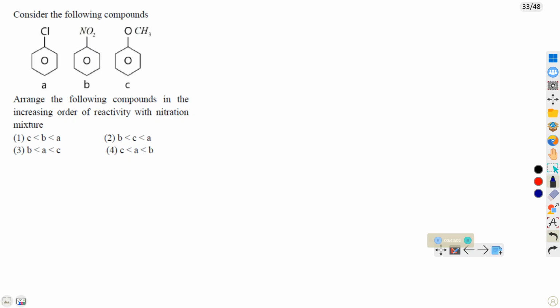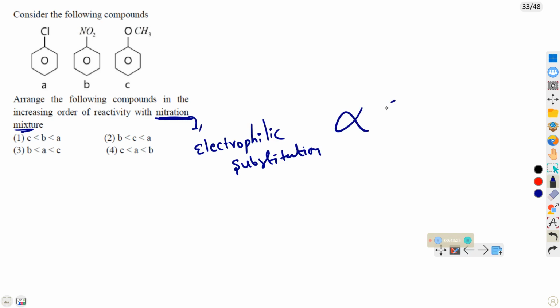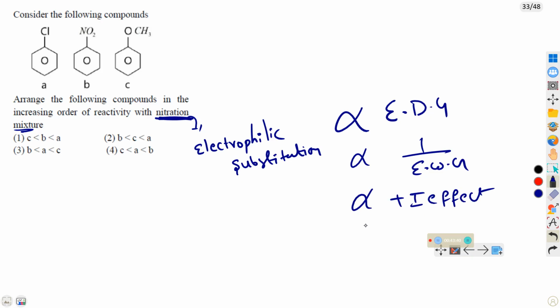Consider the following compounds. Arrange them in increasing order of reactivity with nitration mixture. Nitration mixture is an electrophilic substitution with HNO3 and H2SO4. Electrophilic substitution is directly proportional to electron donating groups and inversely proportional to electron withdrawing groups, directly proportional to +I effect and inversely proportional to −I effect.